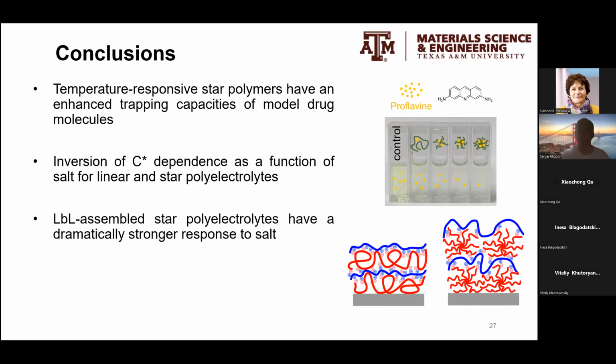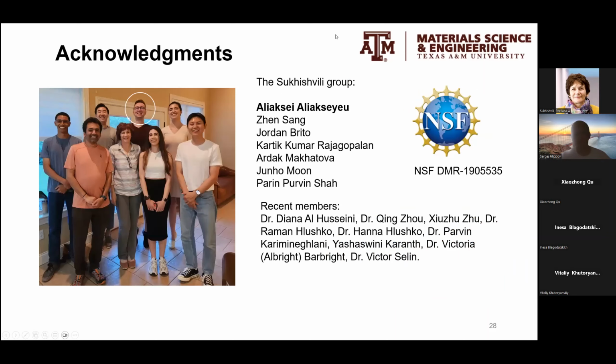And we look at the role of molecular architecture in dynamics of assembled LBL films and find a fundamental observation, made for the first time, that the star-containing polymers are dramatically more sensitive to concentration of salt compared to linear polymers.